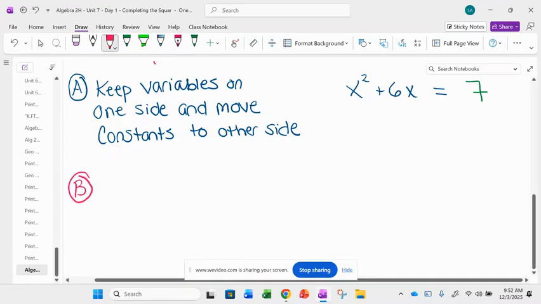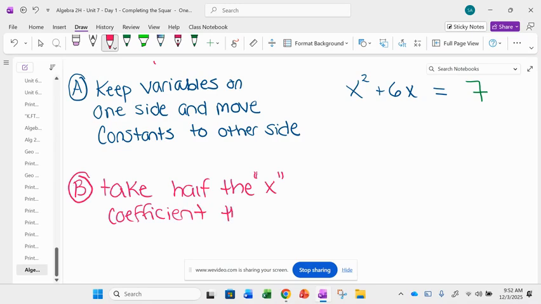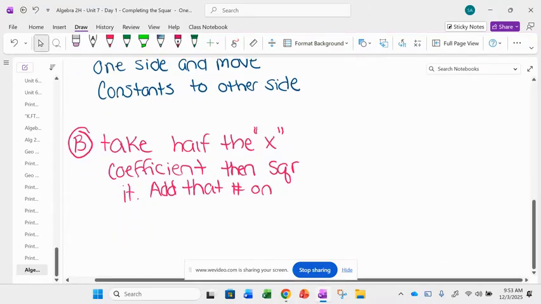So now what we're going to do is take half the x coefficient, then square it. Add that number on both sides.